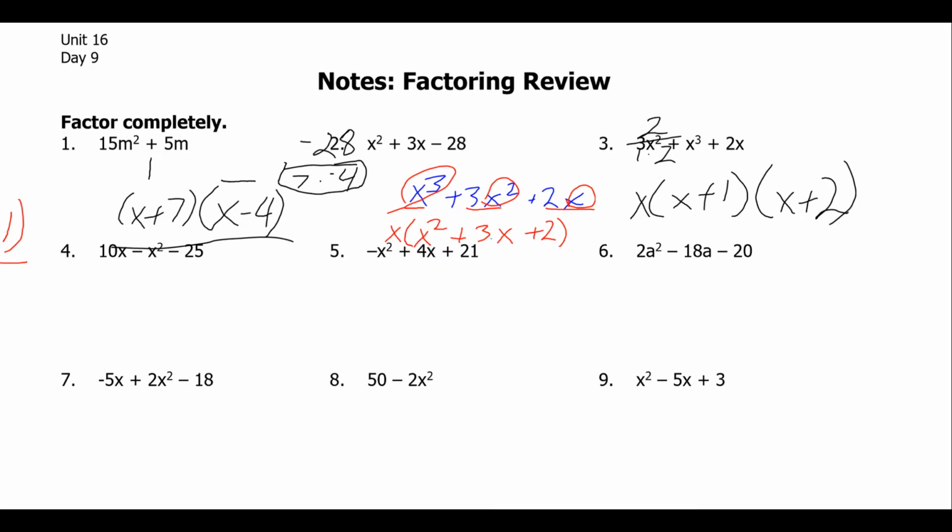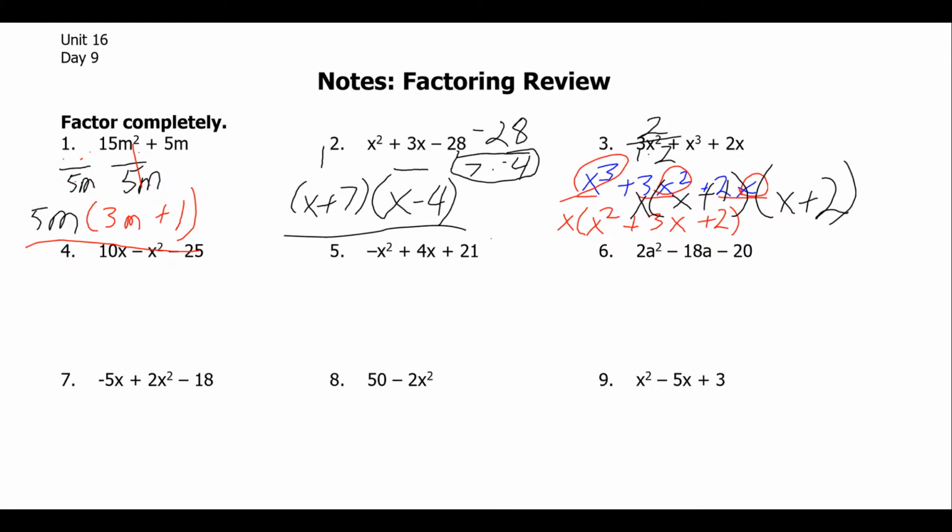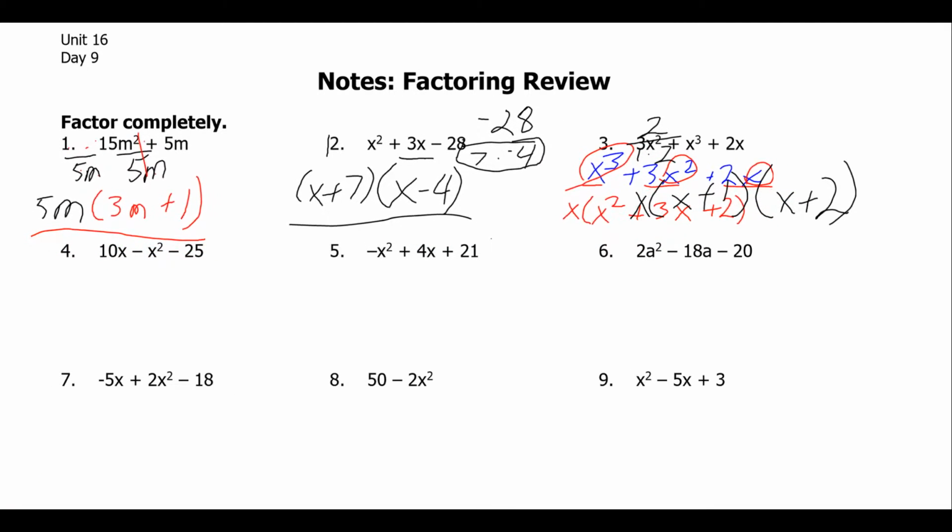Alright, now on to number 4. Let's see what we got here. First thing that I notice here is that it is not in standard form. So we need to go ahead and fix that. So we have negative x squared plus 10x minus 25.